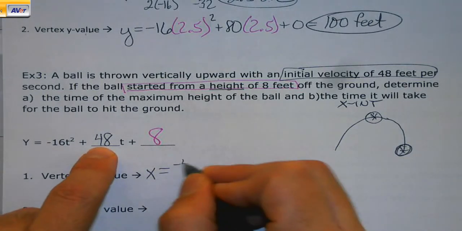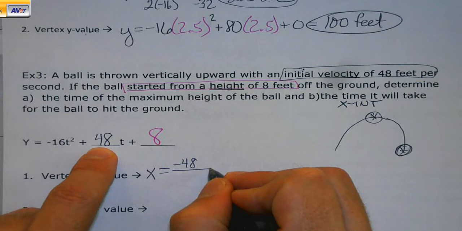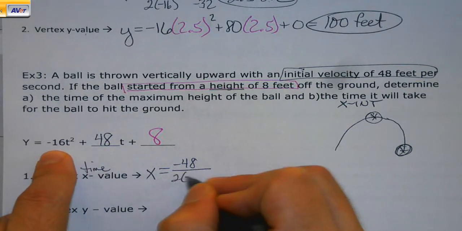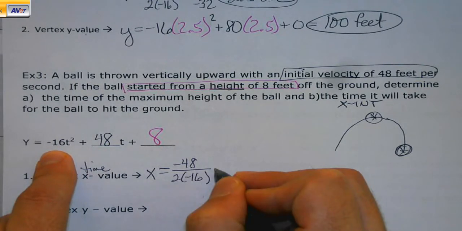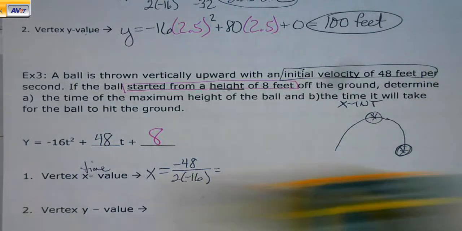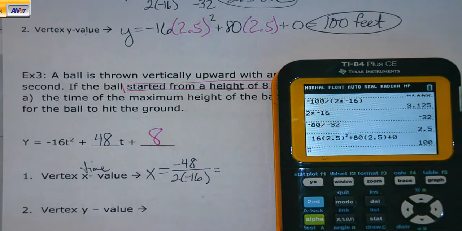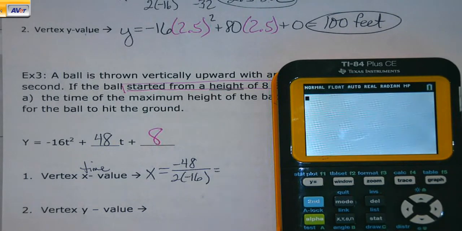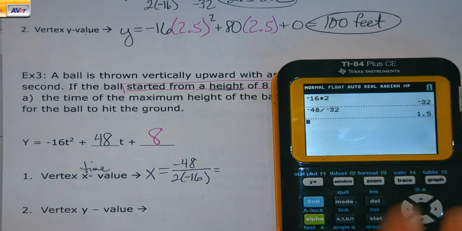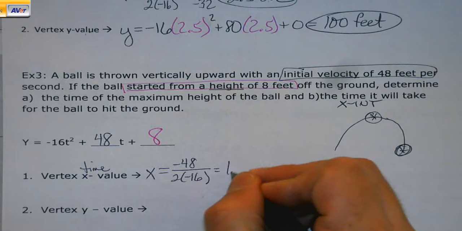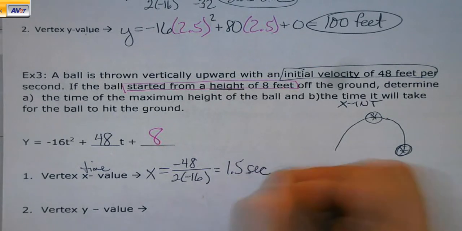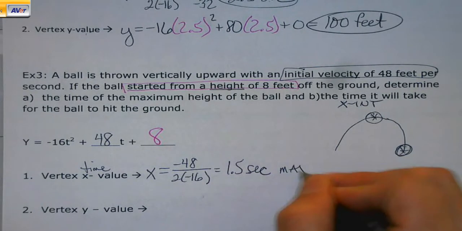I'm going to take the opposite of my B over 2A. Again, take the time. Negative 48 divided by negative 32. 1.5 seconds to get to the maximum.